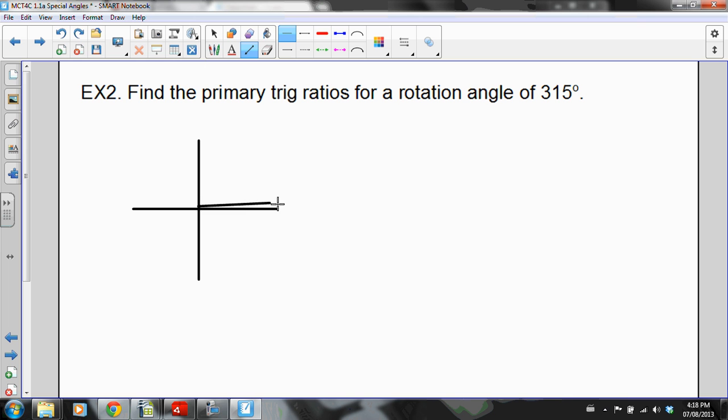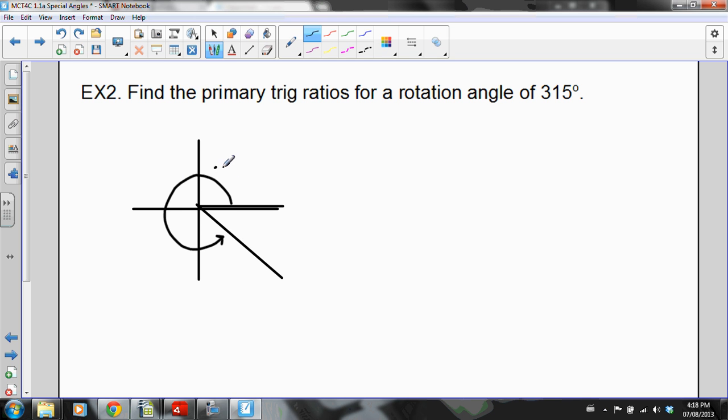So there's my starting line, and now where's this going to end up? Well, there's 90, 180, 270, 360 would be all the way around, so it's somewhere in here. This is the rotation angle, all the way around there. We're going to say that's 315.